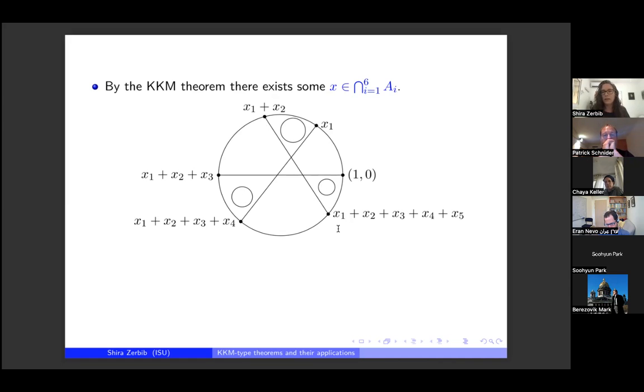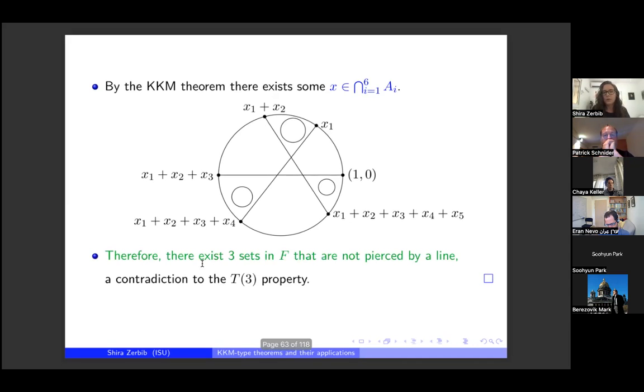Again, an easy geometrical lemma whose proof is 2 lines. So we found 3 sets in F that are not pierced by a line, but this is a contradiction to the T3 property. So we are done. Okay. Any questions about this proof?